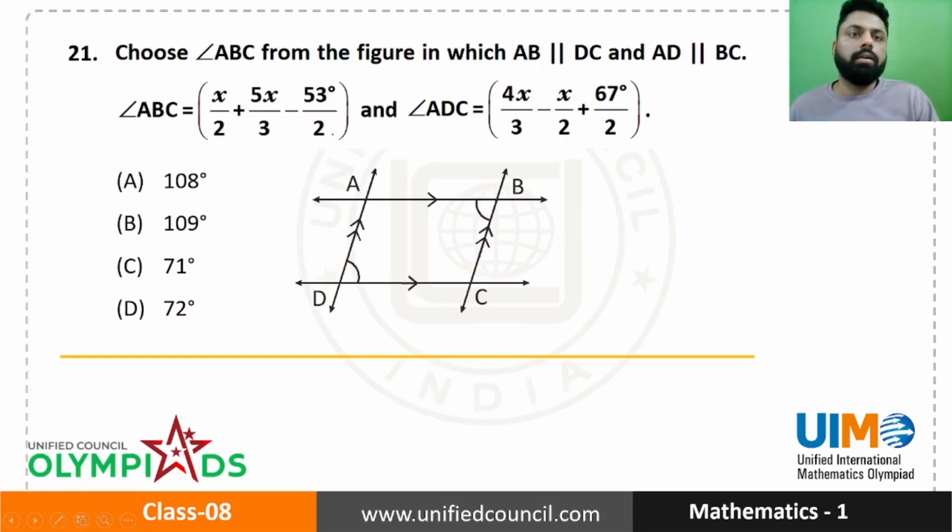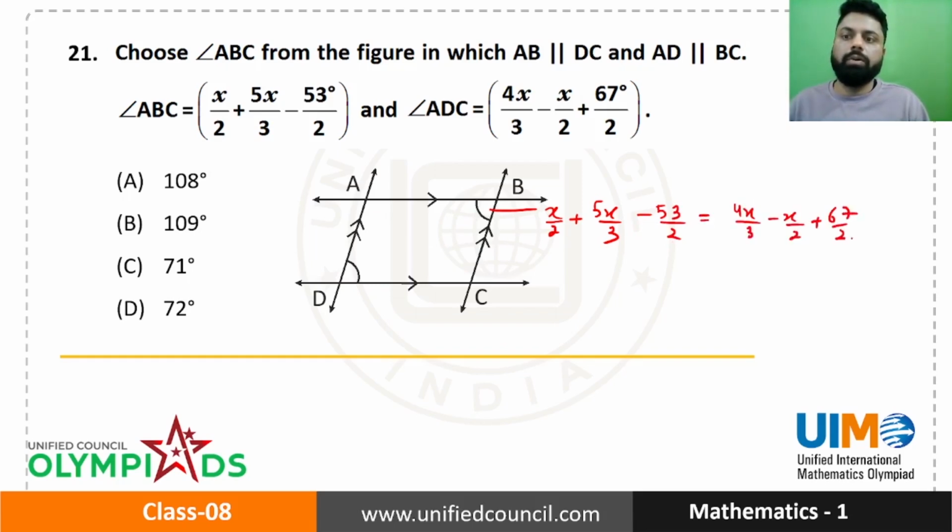Choose the angle, find angle ABC from the figure. If these two lines are parallel, angle ABC is equal to x upon 2 plus 5x upon 3 minus 53 upon 2, and angle ADC. So this is a parallelogram. So x upon 2, this value will be equal to 4x upon 3 minus x upon 2 plus 67 upon 2.